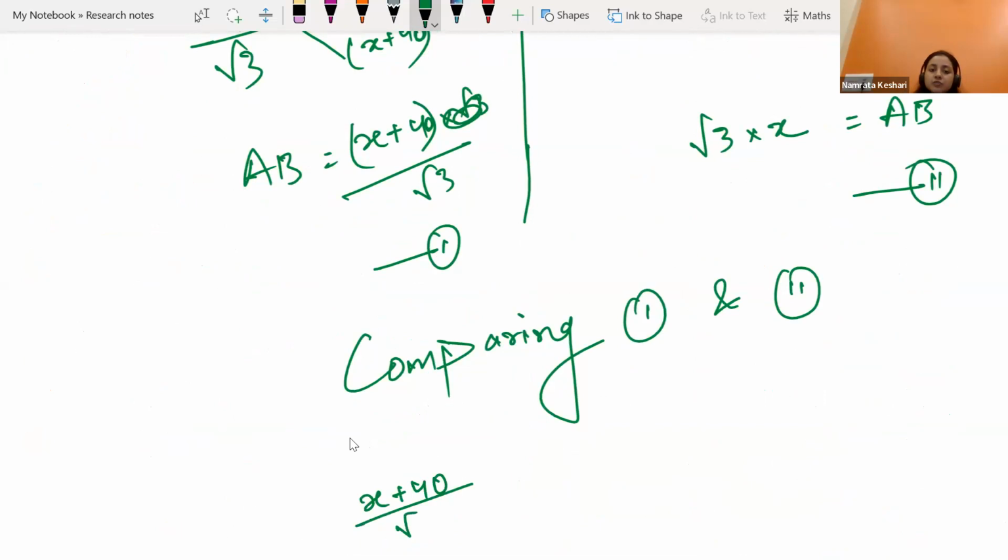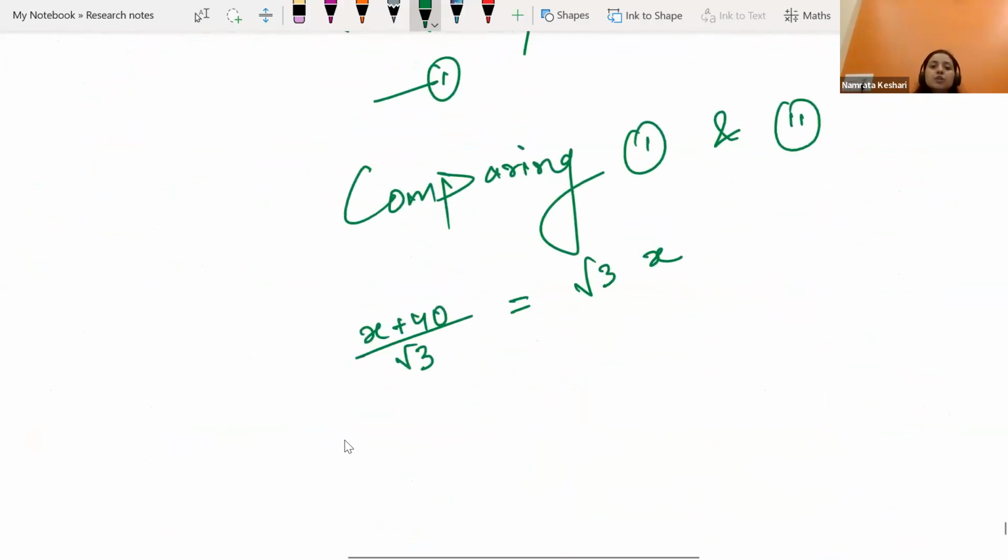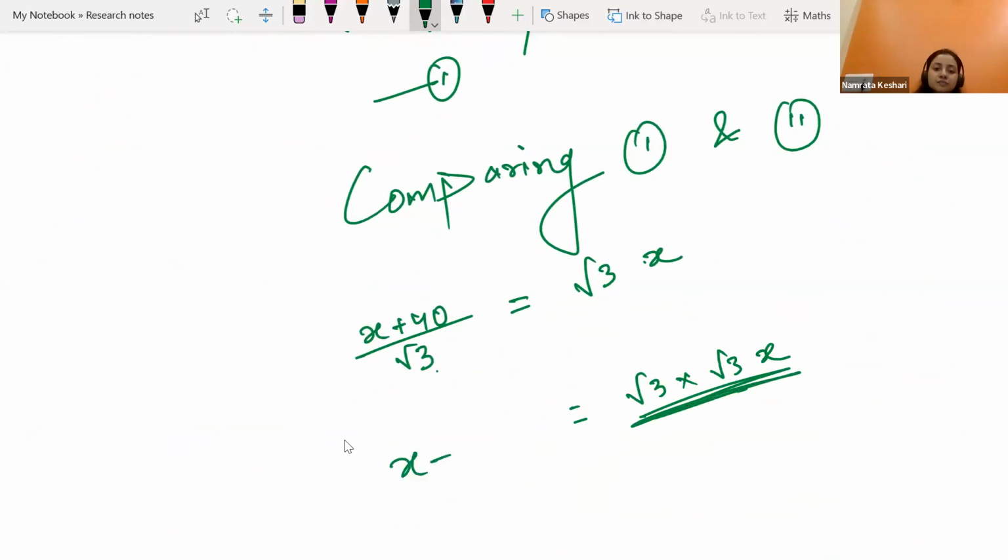x plus 40 by root 3 is equal to root 3 x. Let's try finding the x value from here. This root 3 will go to the other side, will get multiplied. Root 3 into root 3 x will be what? Tell me. 3x. What will be the value of x?